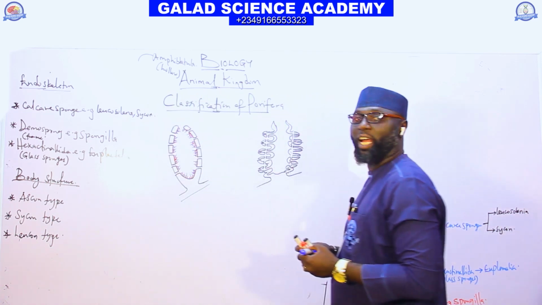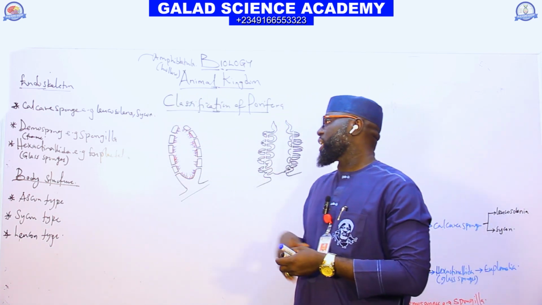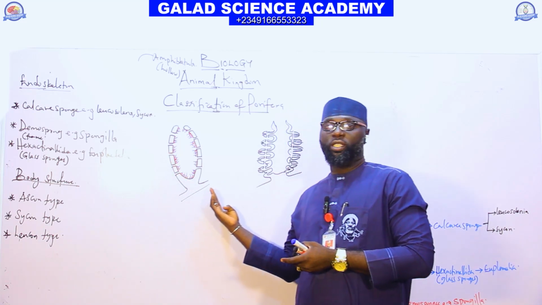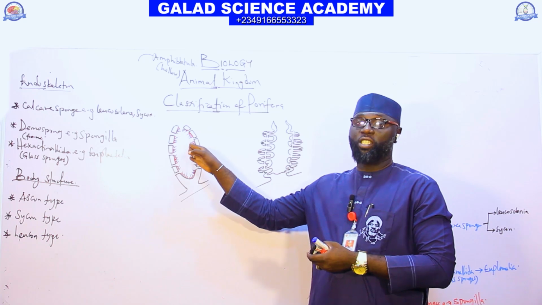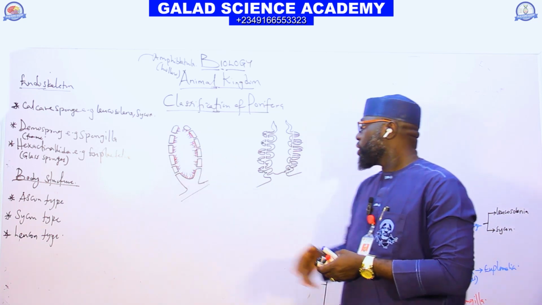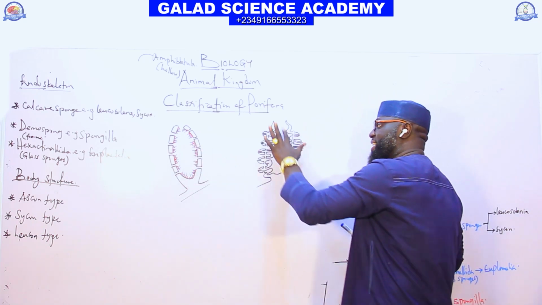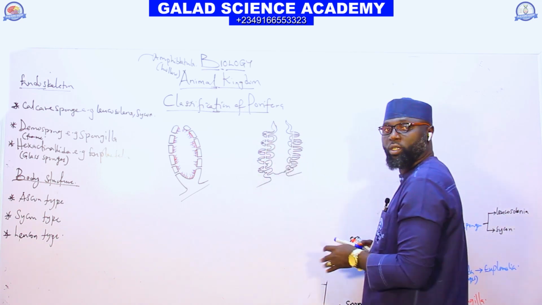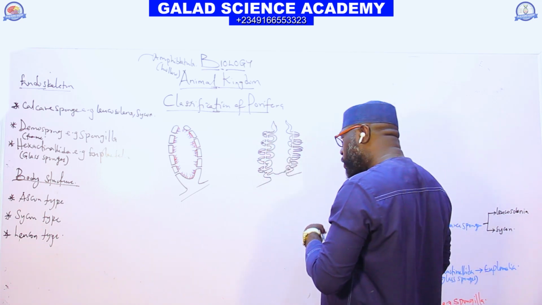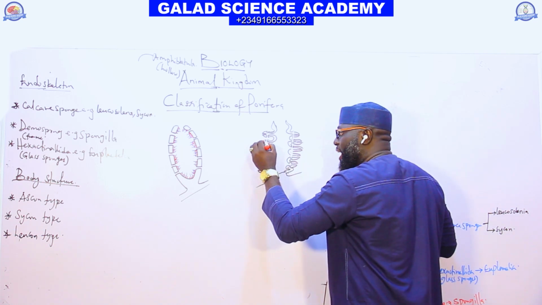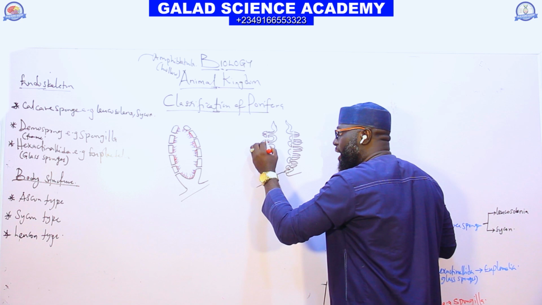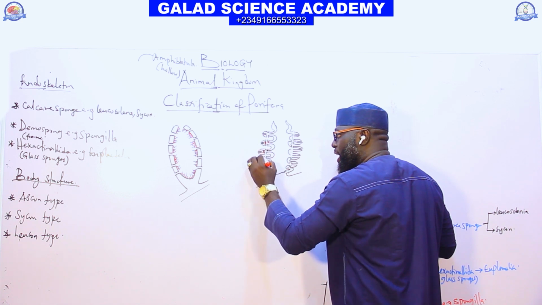So we can see that the choanocyte can be found at the surface of this empty space here, we call it paragastric cavity. So this is the paragastric cavity of this one, okay? And its own choanocyte can be found here, here, here.